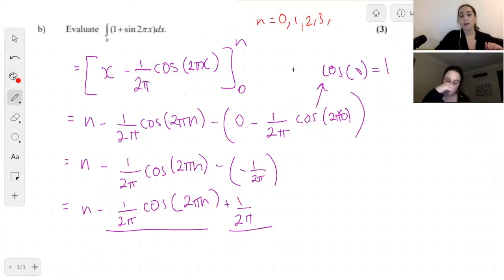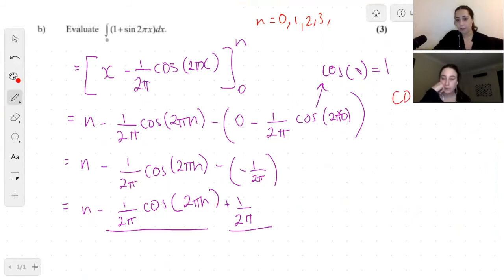So n has an infinite number of values. But what if, regardless of the value of n, we still always got the same value? I'm just going to take this out of the equation for a second.